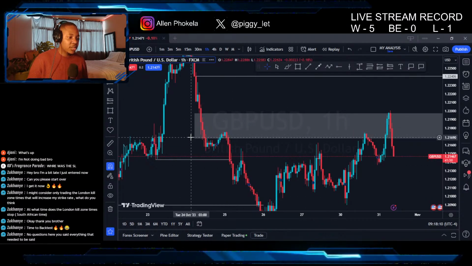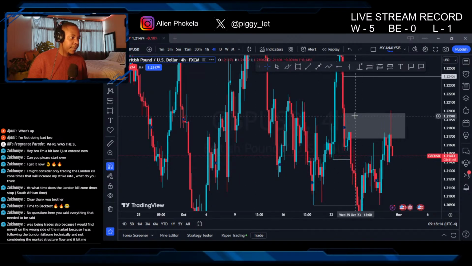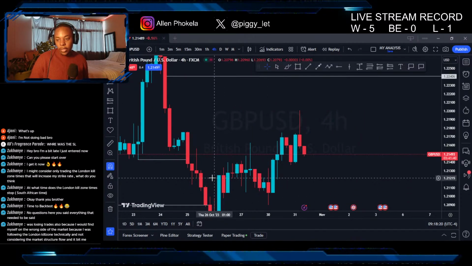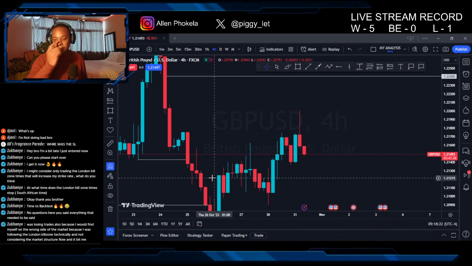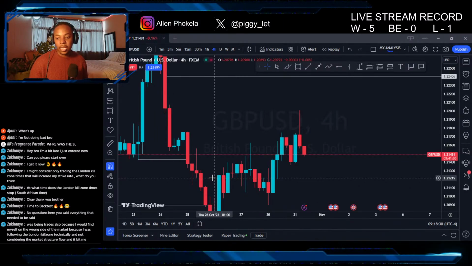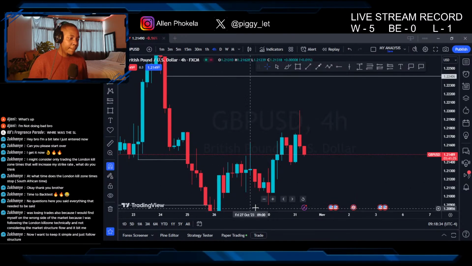It made more sense on the EURUSD than the GBPUSD. So yeah, I was losing trades also because I would find myself on the wrong side of the market, because I was following the London kill zone technical and not considering the market structure and flow, and it beat you.